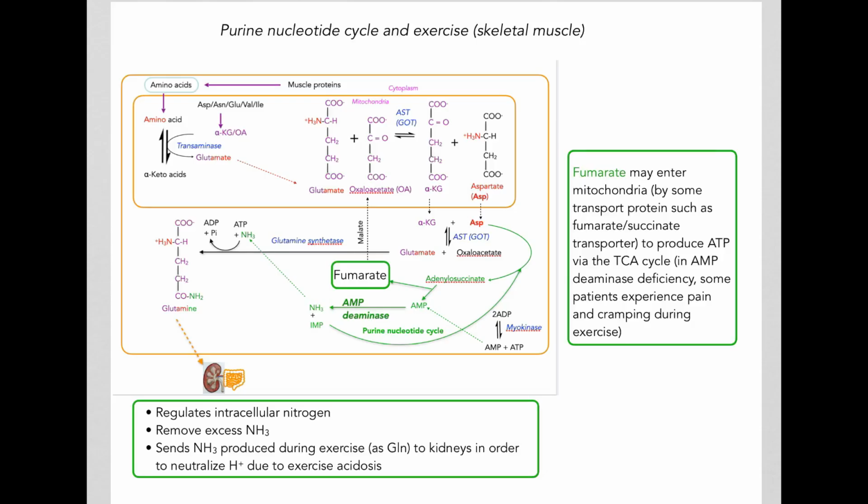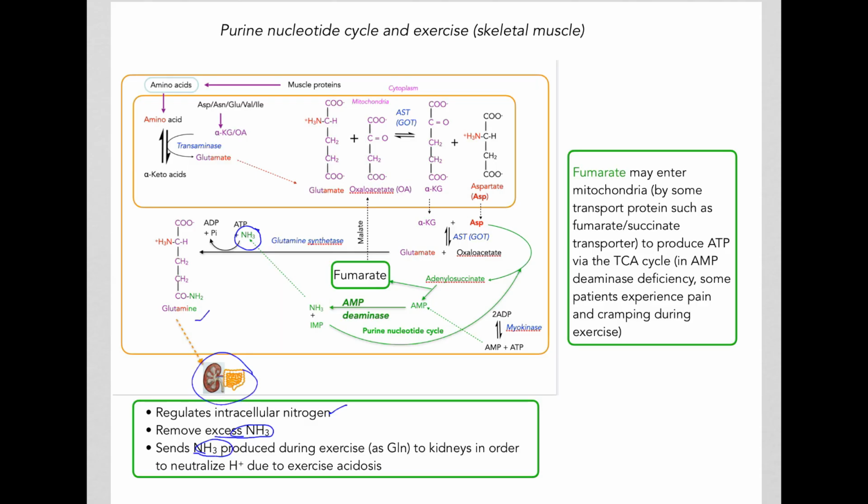Another important function of the purine nucleotide cycle is the generation of ammonia. So this cycle helps regulate intracellular nitrogen. It removes excess ammonia. The exercising muscle will send that ammonia to the kidneys in the form of glutamine.